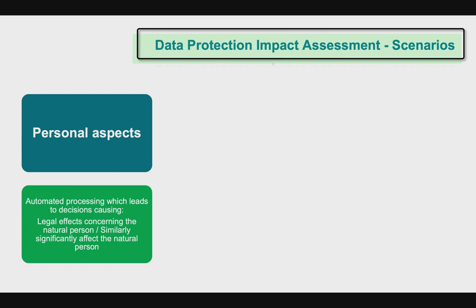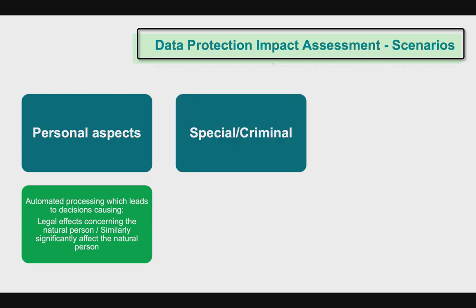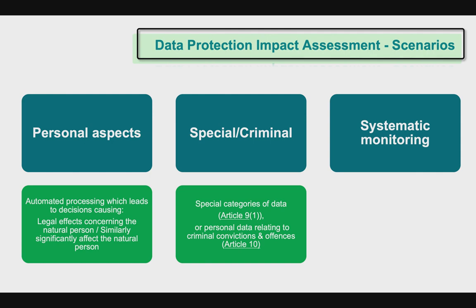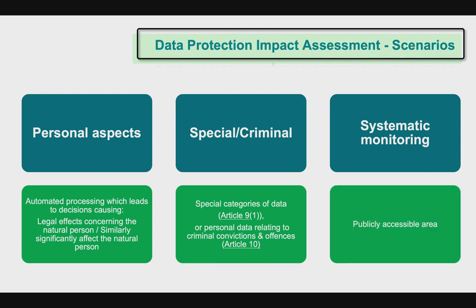Case 2 includes when the processing on a large scale of special categories of data mentioned in Article 9(1), or of personal data relating to criminal convictions and offences mentioned in Article 10, is carried out. And in case 3, when a systematic monitoring of a publicly accessible area is carried out on a large scale.